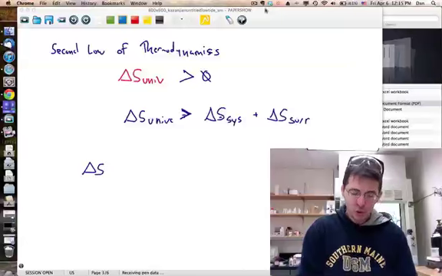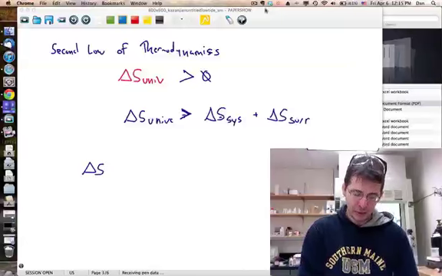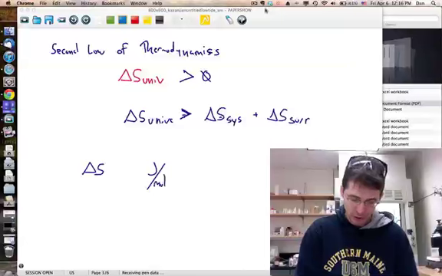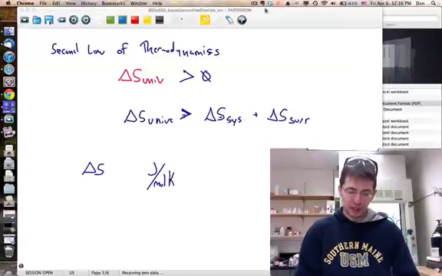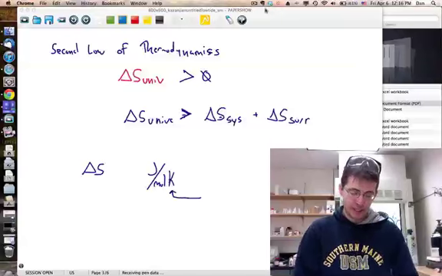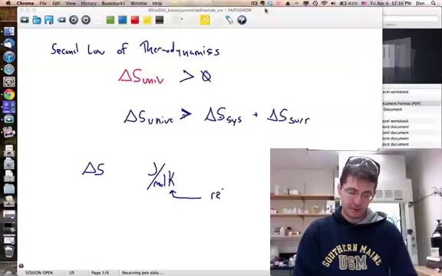Entropy change typically has units of joules per mole Kelvin. This should give you a clue that entropy changes are related to temperature.